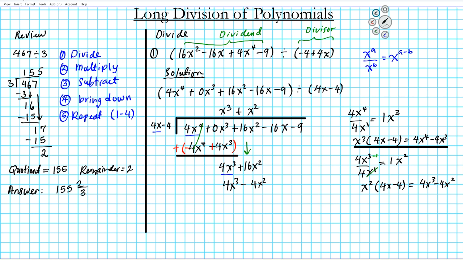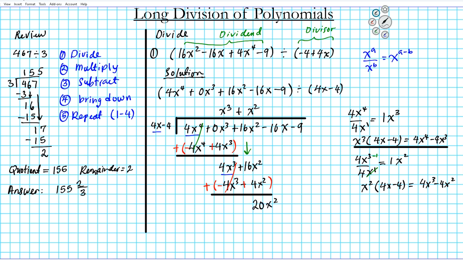And then now we are going to subtract. Okay, so subtract these two polynomials. Subtraction is the same thing as adding the opposite. Distribute this minus across these two terms. It becomes a plus, minus, plus. Combine downwards. The first term cancels out. And then 16x squared plus 4x squared becomes 20x squared.